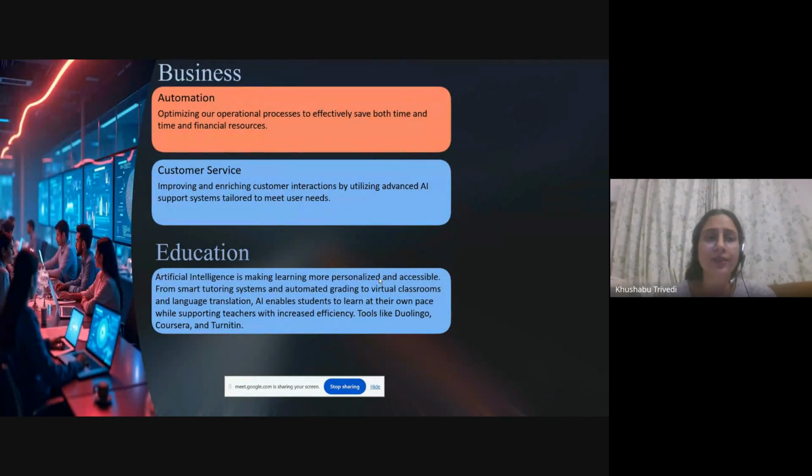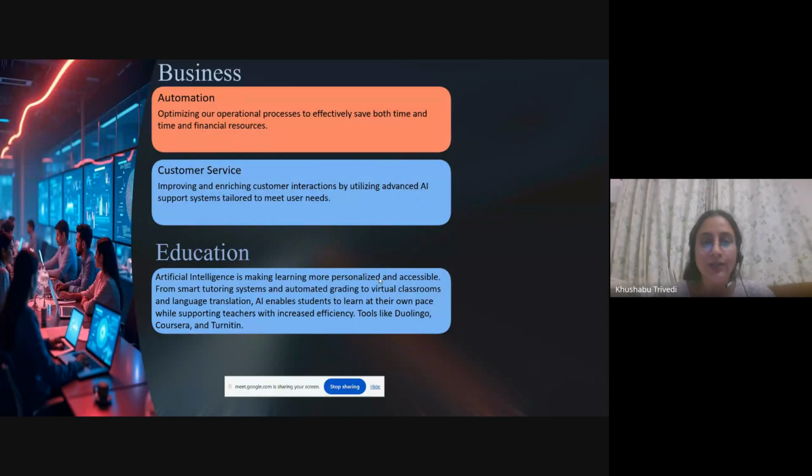Then in business industries also, we can improve customer services and our business by using AI techniques to meet user requirements and needs. For example, in social media and Netflix, according to the user's feed, we can improve the system and our business.